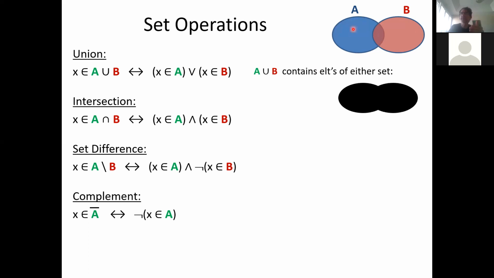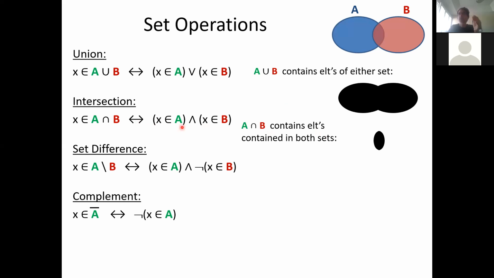It's a predicate that defines set A. Namely, elements of set A are x's which satisfy predicate PA. Set B is defined in terms of predicate PB. Then their union is defined in terms of the predicate either PA or PB, right? And the union of two sets corresponds to a predicate which is a disjunction of the predicate defining set A and the predicate defining set B.